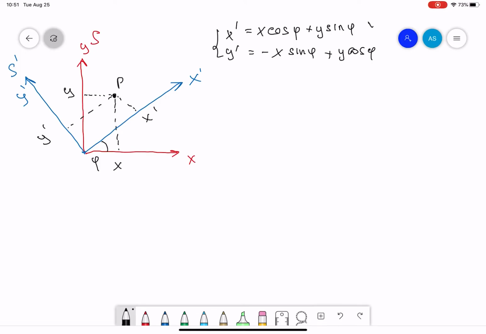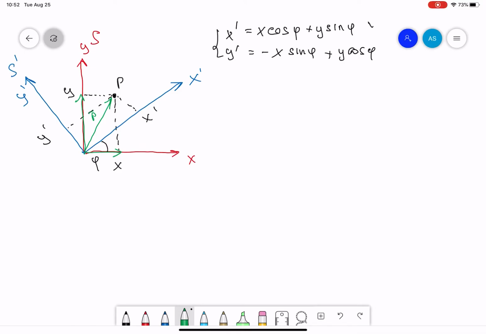But before proving it, let's first define what the x and y components are in the S coordinate system. Okay, so let's draw a vector. Let's call it the P vector. Then we can find the x component and the y component. What is the angle here?